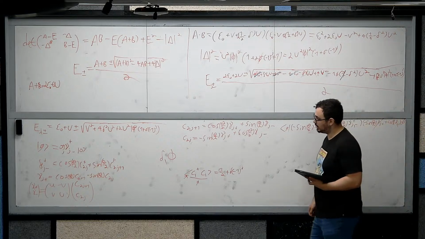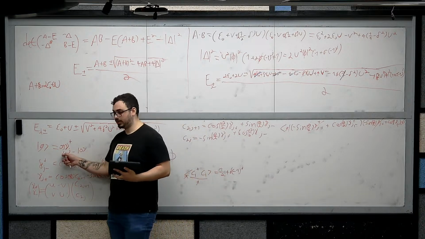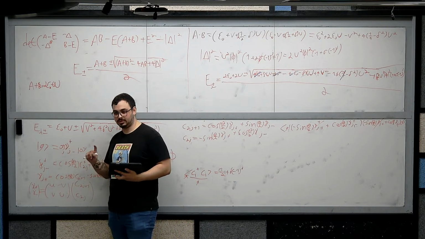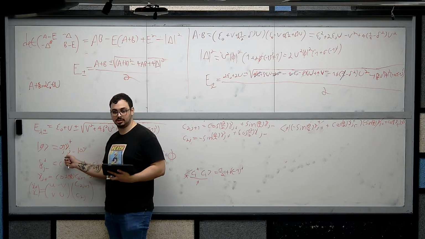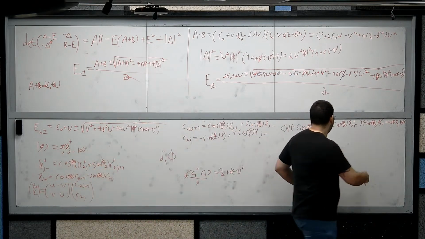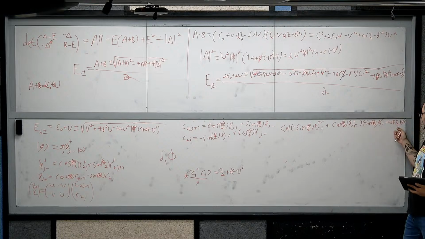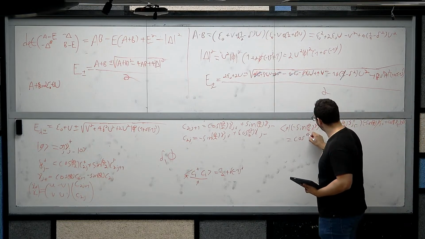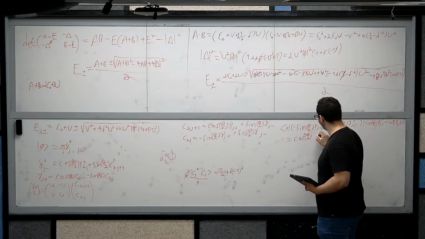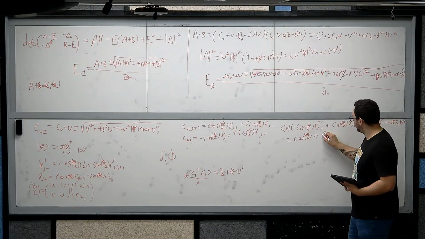And since we have one quasi-particle in every minus state, this multiplication, this gamma dagger gamma, just becomes a 1. So everything here, overall, is just equal to cos theta divided by 2 squared, or equal to 1/2.